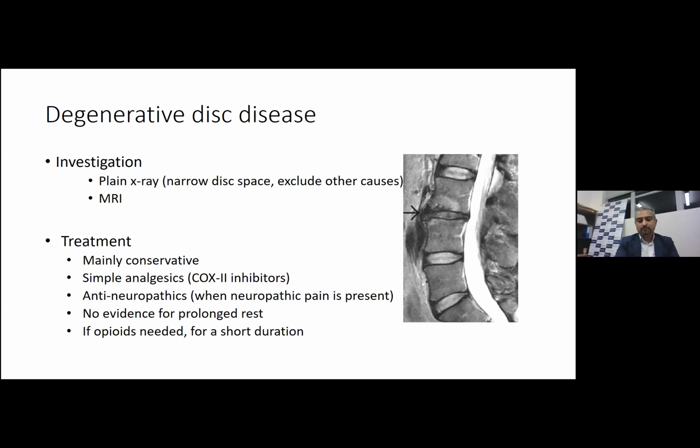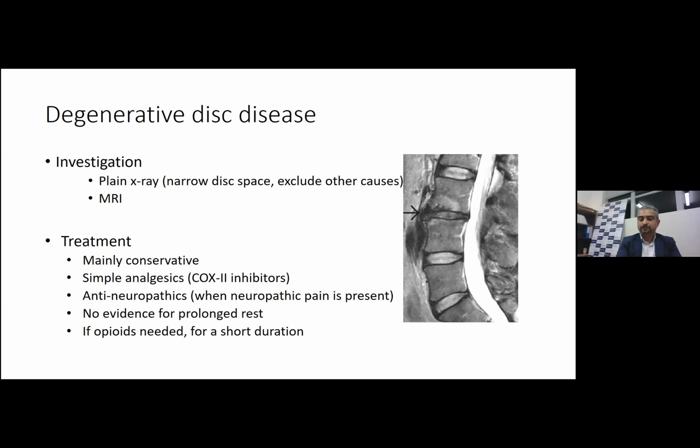Treatment-wise, if you noticed, I'm not mentioning anything about red flags because the next presenter is going to touch base on those red flags. So we're assuming that none of these cases have red flags, hence the management should be conservative. A simple painkiller is sufficient for these cases to begin with.